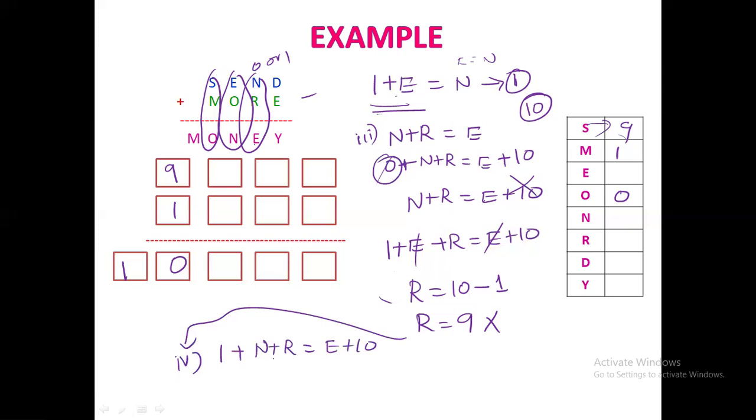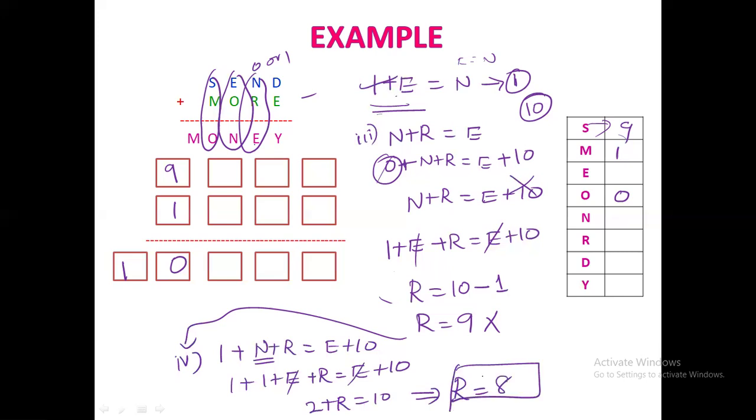From equation number 1, we will substitute 1 plus E plus R is equal to E plus 10. This E will get cancelled. 2 plus R is equal to 10. From this we will find R is equal to 8.